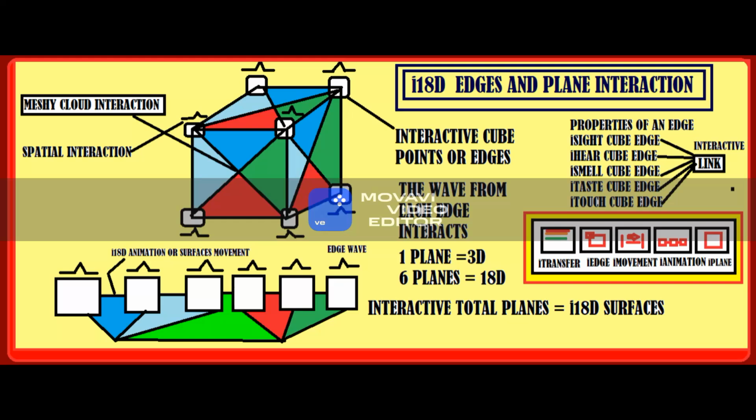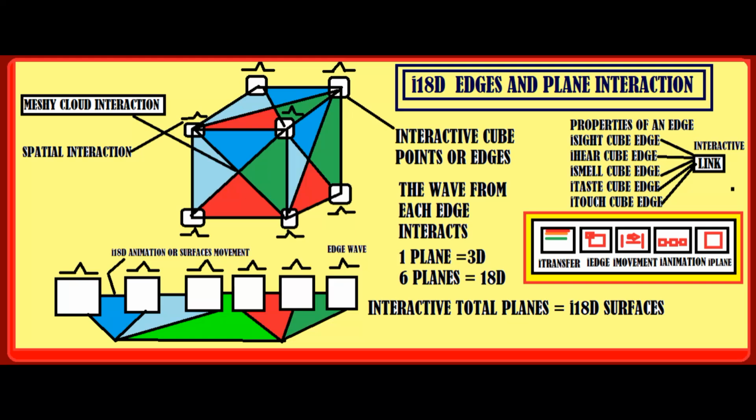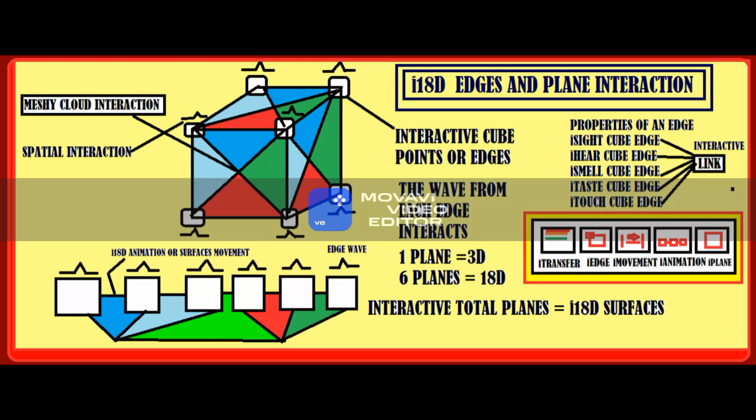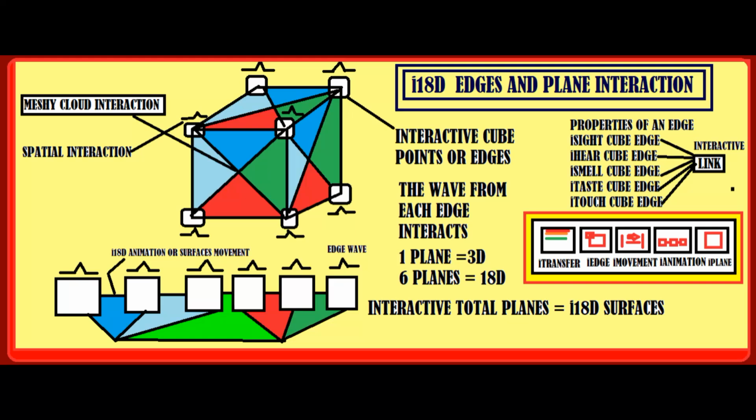And we can understand that the particles that make up these edges or these planes tend to interact. And in a special interaction, we can understand that the waves that come out from these particles or substances are the ones interacting with one another. It is a beautiful world of interactions and animation. We understood that we also have something that is called meshy cloud interactions.